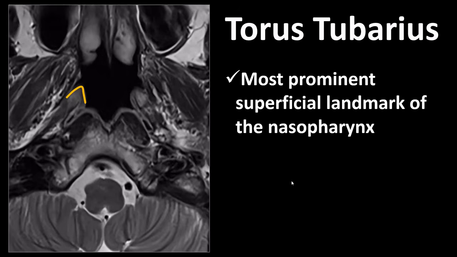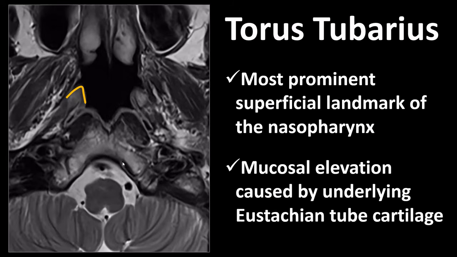The Torus Tubarius, as said, is the most prominent superficial landmark of the nasopharynx. So if you see this image, you immediately recognize that we are looking at the nasopharynx. You don't have to be able to visualize all the borders because you immediately see the Torus Tubarius causing an impression here, and also the elevation caused by the longus capiti / colli muscles. So it's a mucosal elevation caused by the Eustachian tube, as said.